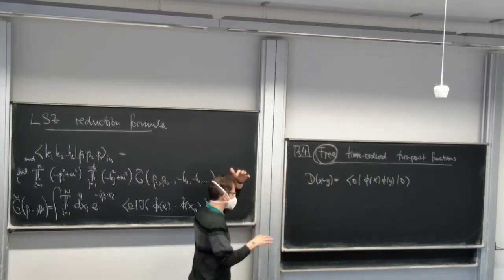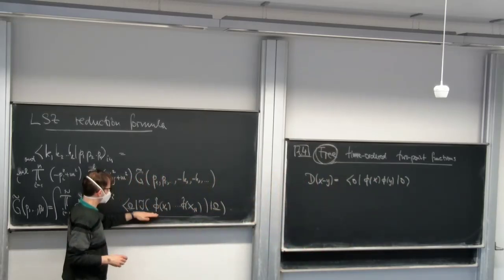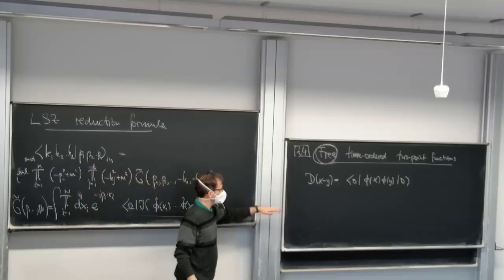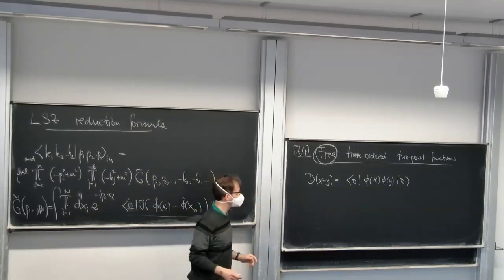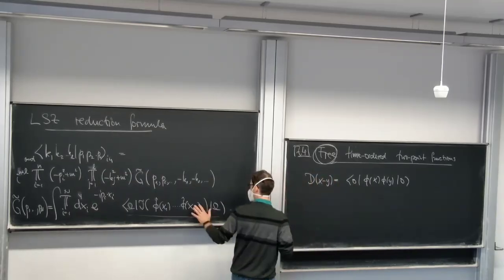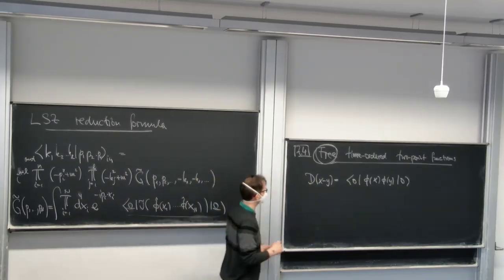Next week, that's for sure not today, we'll relate the one here for the interacting theory to this. This won't be in vain. There's another formula which connects the two, but it's also a big formula. So let's learn how to compute these things, the time-ordered two-point functions in the free theory first.